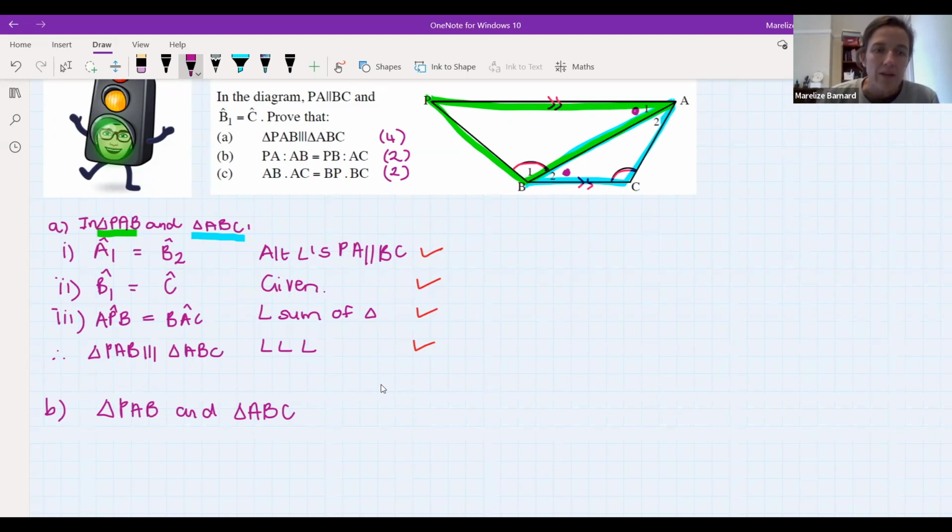Rightio. So now we're going to make our proportionality statement here, or our sides are in proportion. So we're going to say that PA over AB is equal to AB over BC, and then the mouth, PB over AC.